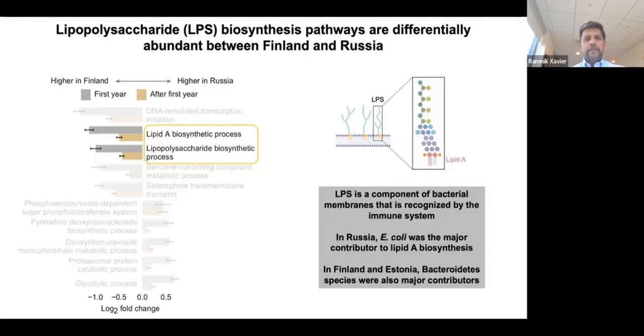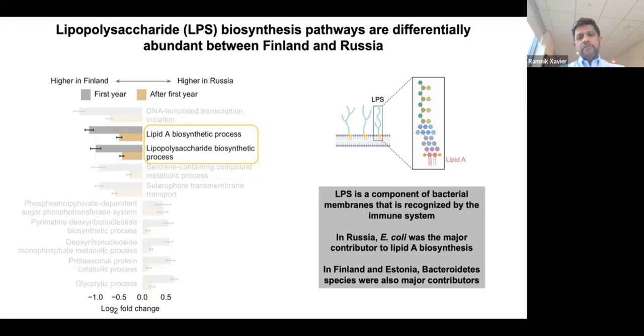So what did we learn? If you look at this slide, it's a little complicated, but what we could see, if you look at the first year of life, is that there was a certain bacterial structure that was higher in kids born in Finland compared to the kids born in Russia. Without going into all the details, if you look at what products these changes in bacterial community structure contributed to, it was a product called LPS.